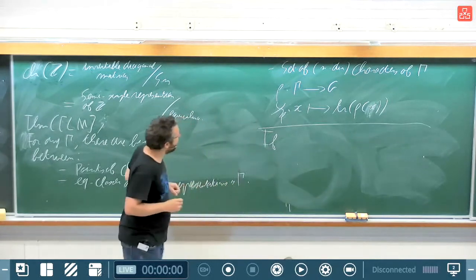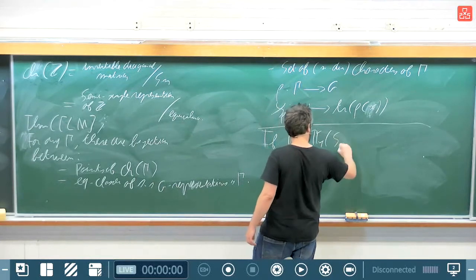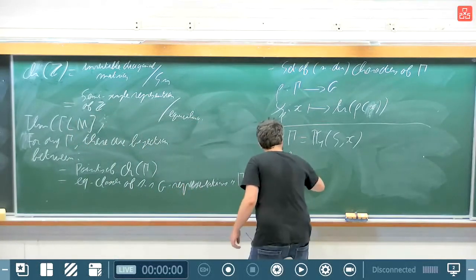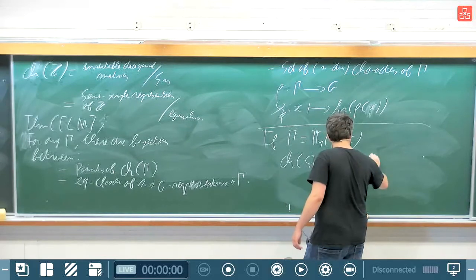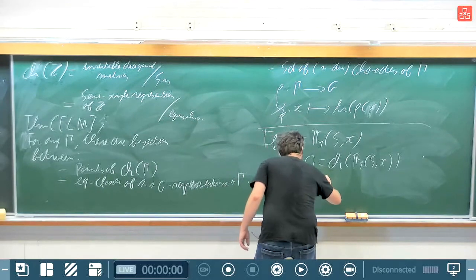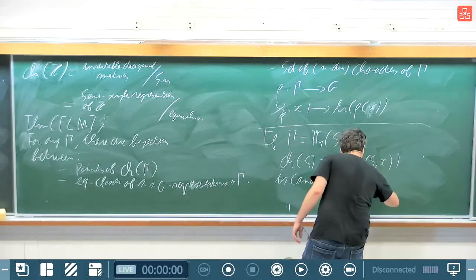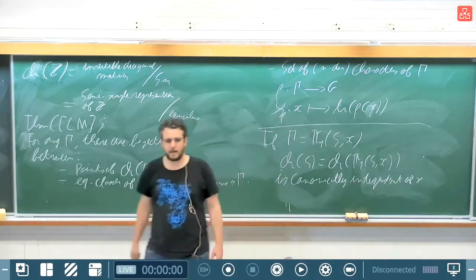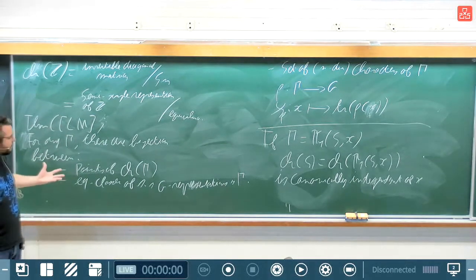Now, I want to emphasize that if gamma is the fundamental group of S with respect to some base point X, then the character variety of S, which by definition is the character variety of this group, is canonically independent of X. Because I mod out by the action by conjugation, and because two choices of the base point are conjugated, maybe not in a canonical way, but they are.